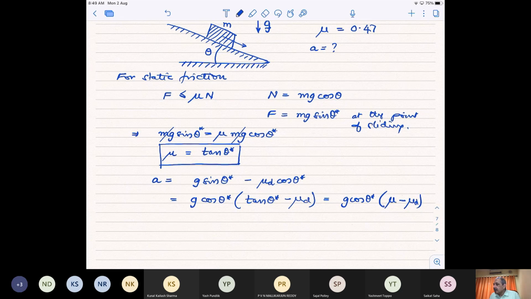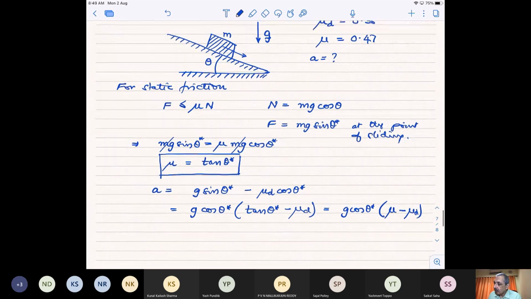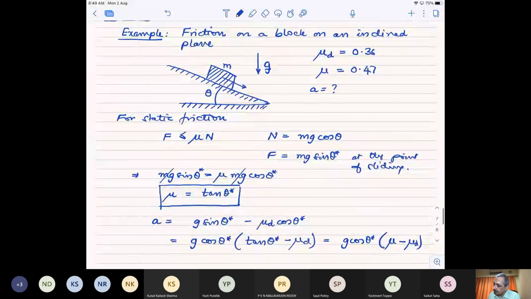So the acceleration is just proportional to the difference in the coefficients of restitution.